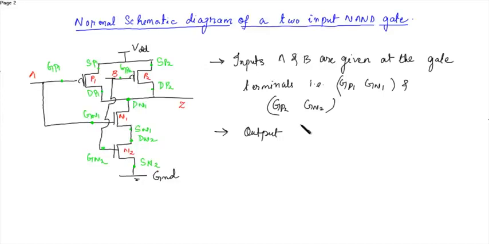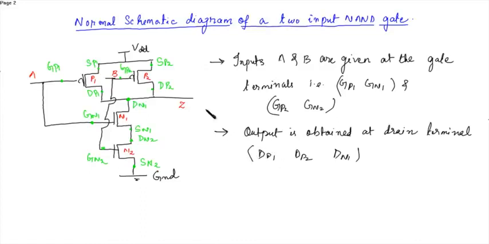And the output is obtained at the drain terminal, that is the drain of P1, drain of P2, drain of N1. That is this point.